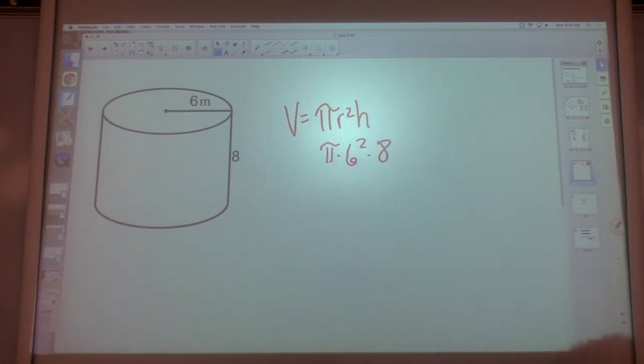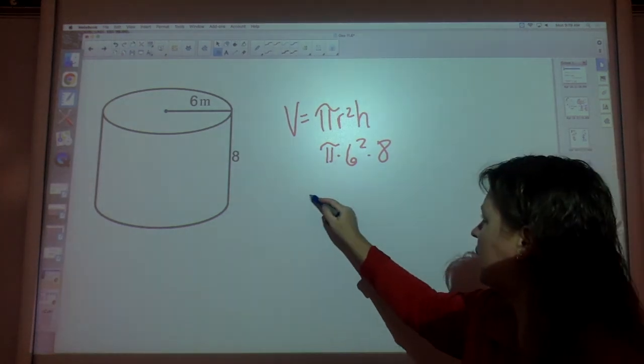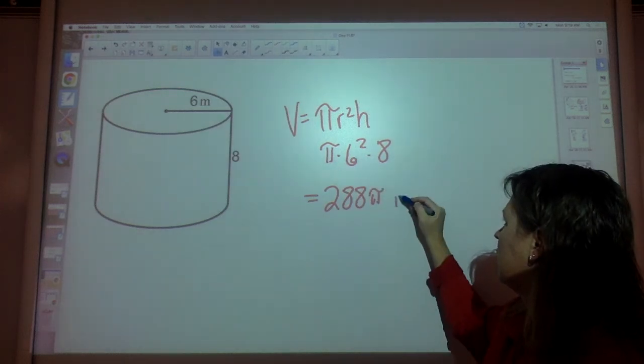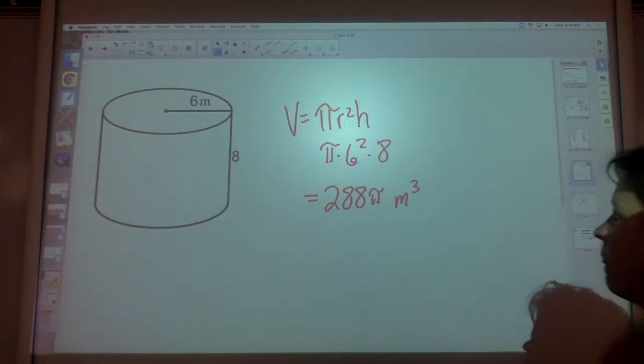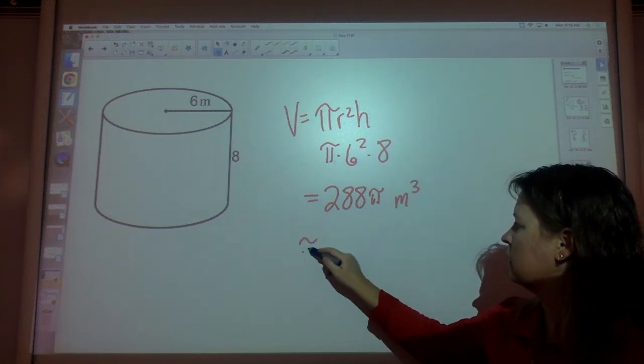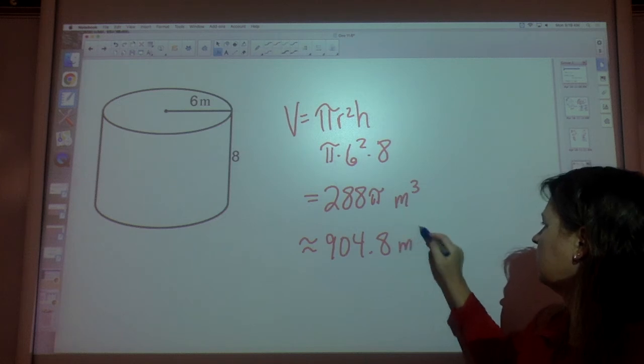Exact answer first. 6 squared times 8 is 288 pi meters cubed. Approximate answer, what is 288 times pi? 904.8 cubic meters.